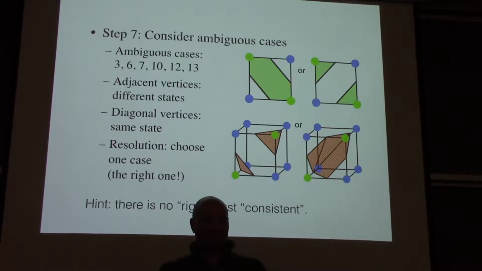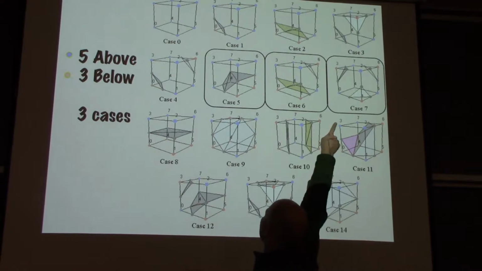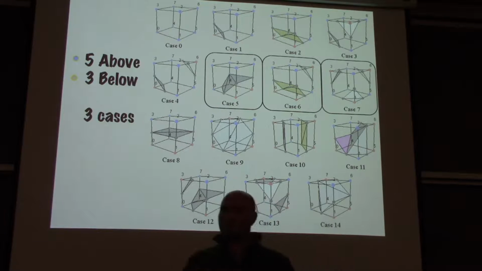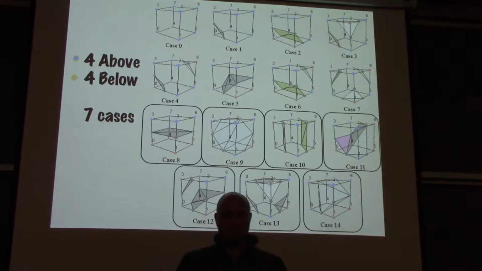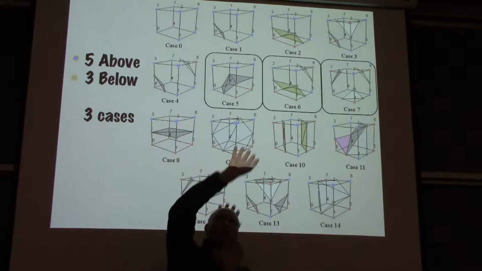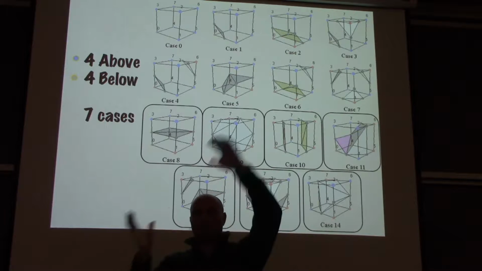So 3, 6, 7, 10, 12, and 13. If you go back to this table, it's 3, 6, 7, 10, 12, and 13. These are all the cases where you're not really sure where the surface is going. If the surface is spreading out this way, or if it's spreading up this way, but in 3D. So you have another dimension.